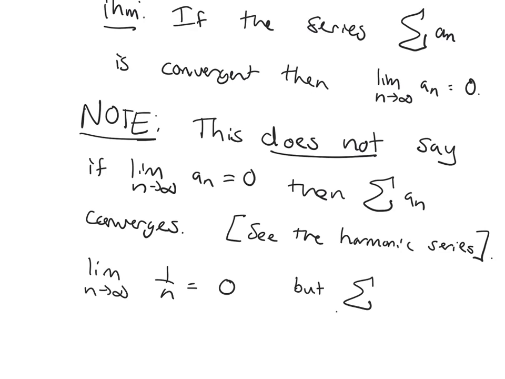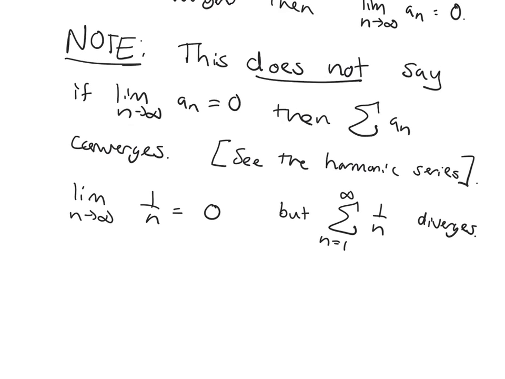But the series of 1 over n diverges. So just because you get 0 for the limit of your terms doesn't mean that your series converges. Okay? So be very careful.